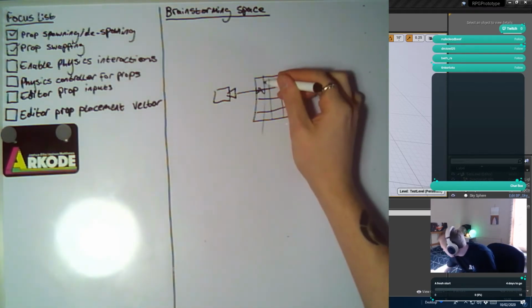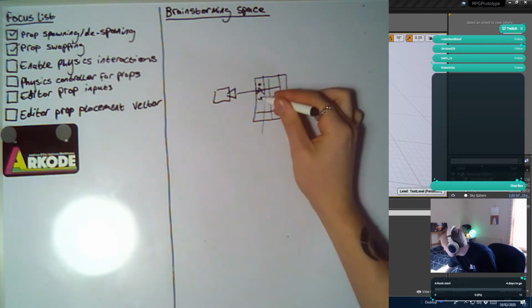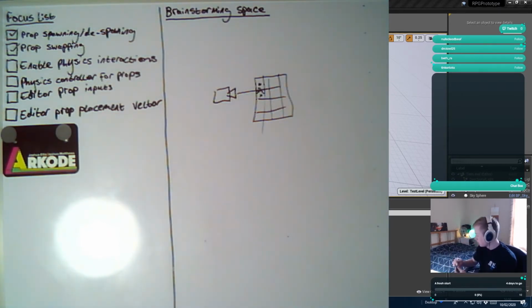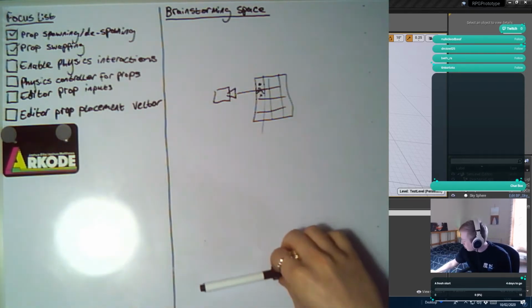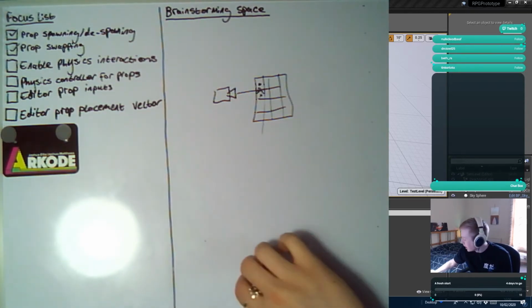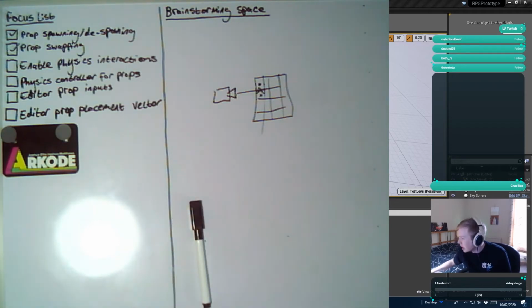So it'd probably be this voxel here, or this one, depending on where the line actually ends up. And then we'd want to place the prop that we currently have selected on that, which is why we need that vector function to be a thing. So what we'll be doing is taking a look at how to do that and the maths behind it, and seeing if we can get it to work.